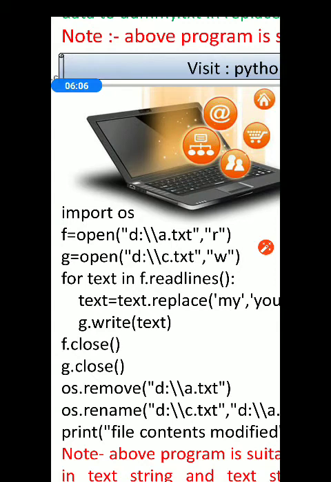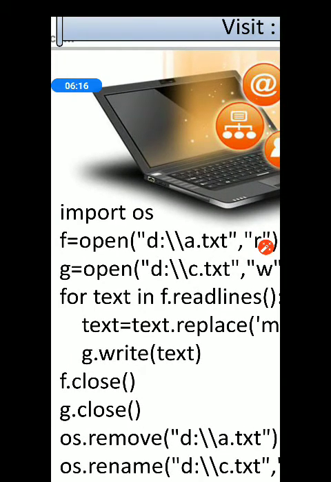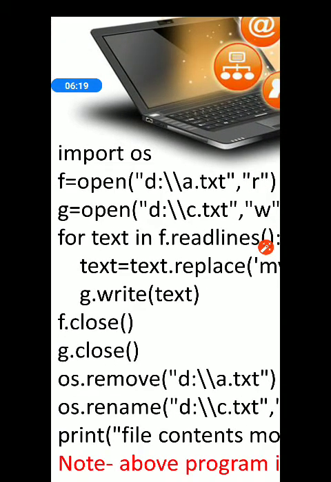We are opening both the files A and C. A is the original file, it is already existing in our hard drive. It is to be opened using read mode, कि उसमें से हमें रीड करना है. And we are opening c.txt in write mode, because c.txt में हमें write करना है. जो भी हम a.txt से content मिलेगा, that we replace in c.txt.